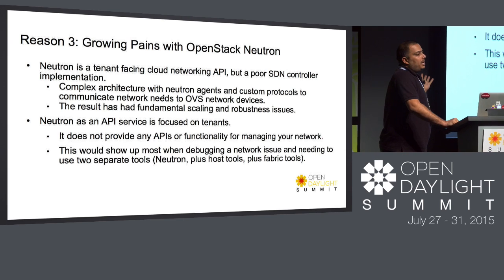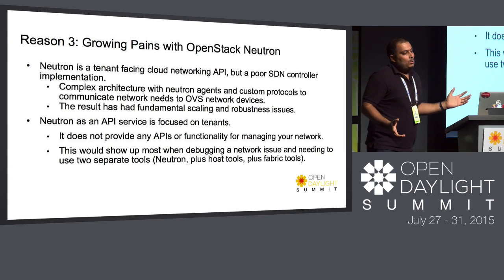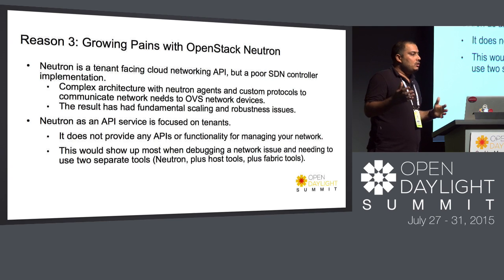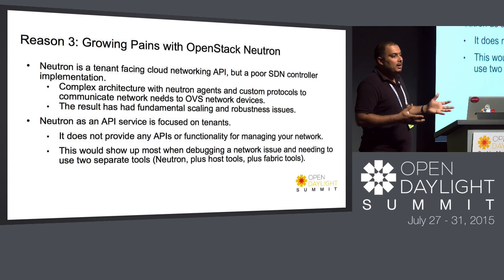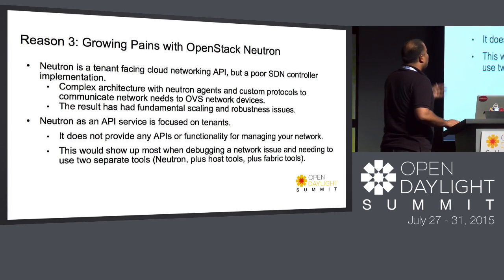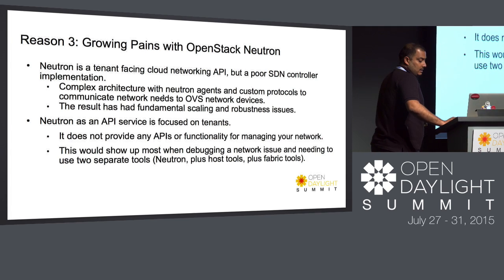When your system breaks, if your networking is not working, you need to check a lot of components on all the compute nodes, on the network node and the control node to figure out what actually is wrong. So that's the very hard part of it.